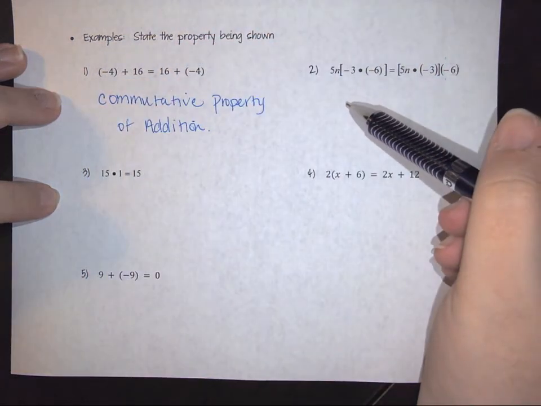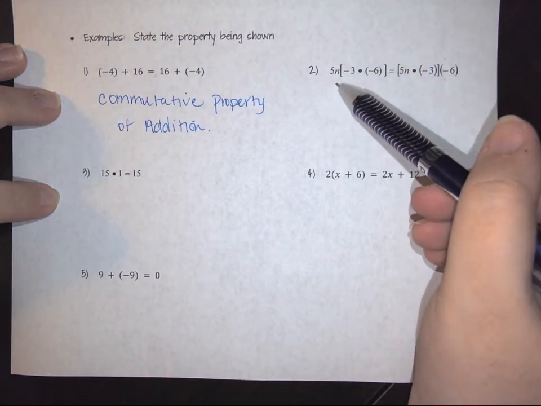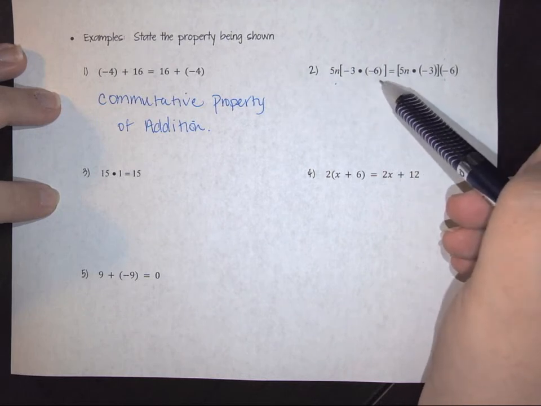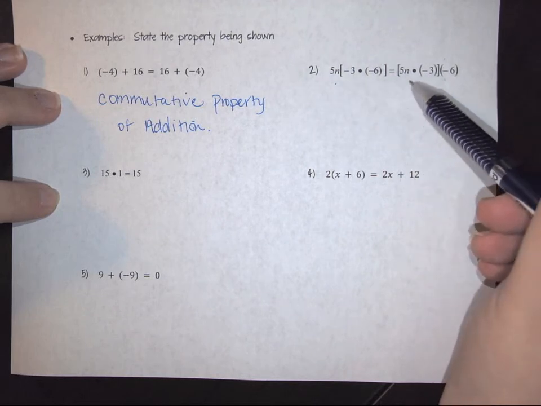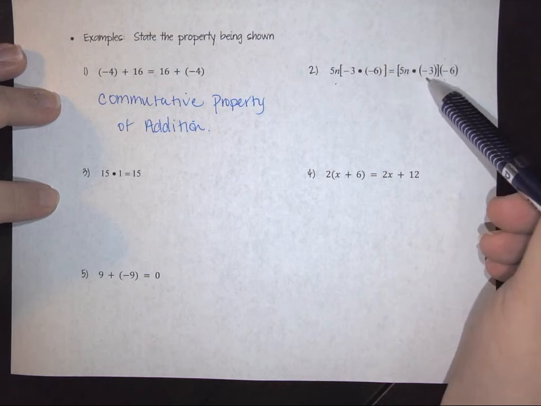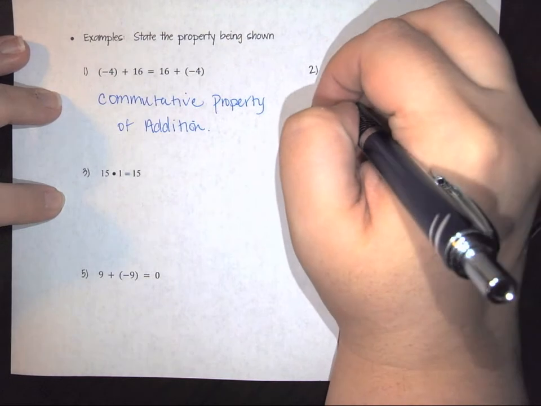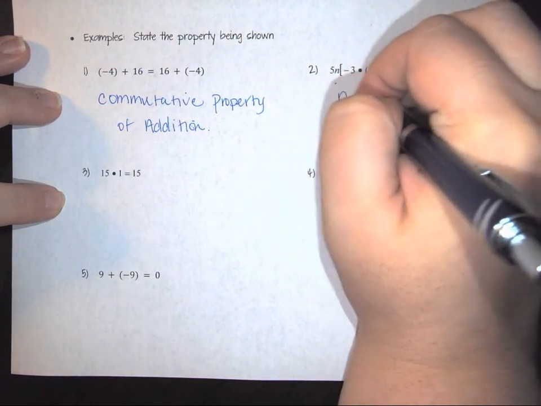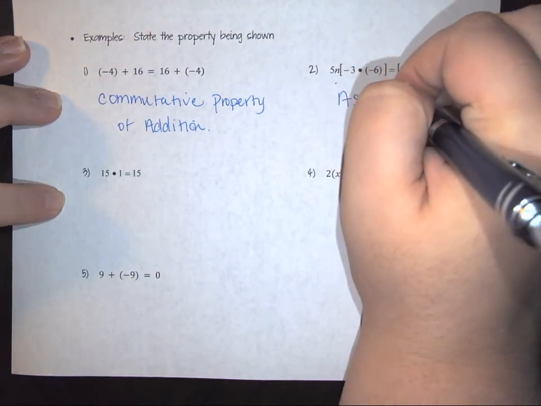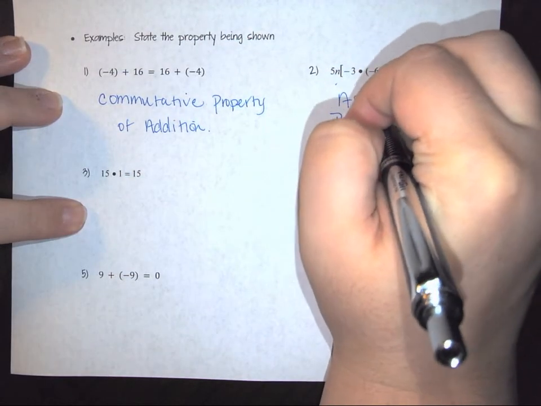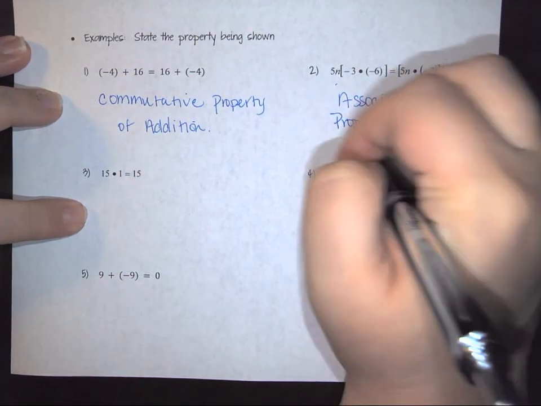In the second one, I have 5n times, in parentheses, negative 3 times negative 6, and that is the same as 5n times negative 3 and the whole thing times negative 6. This is called the associative property of multiplication.